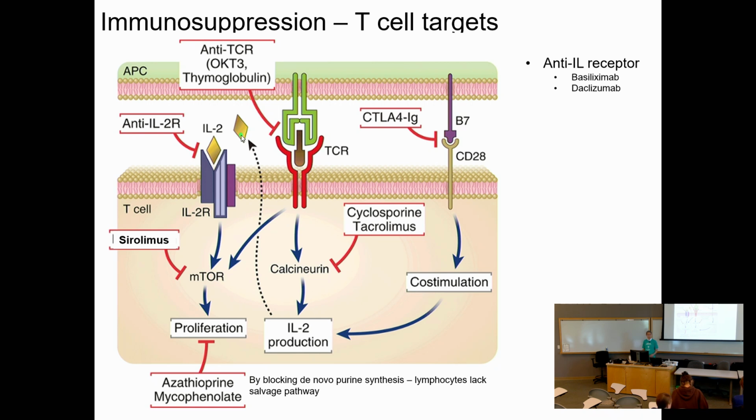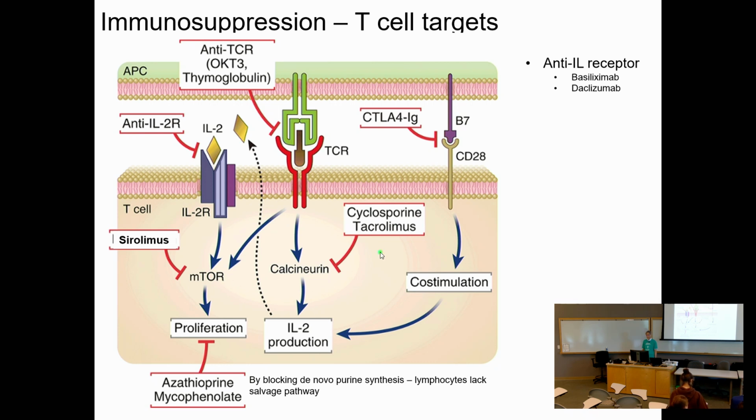And IL-2 is a growth factor for T cells. In the normal response, IL-2 acts here on the receptor, and then it works through this pathway here. So sirolimus interacts with the FK binding protein, and it interferes with this transcription factor so that you don't get proliferation and development of IL-2.